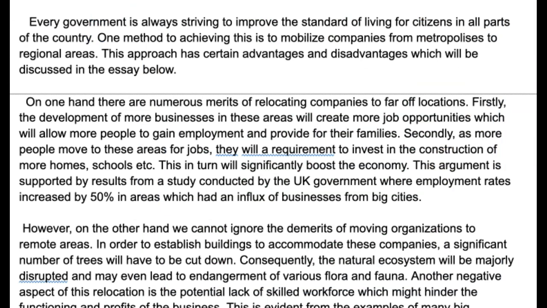So great work. Every government is always striving, great vocabulary, to improve the standard of living for citizens in all parts of the country. Okay, so be careful here. We've got a sweeping assumption. And we need to hedge against these assumptions.